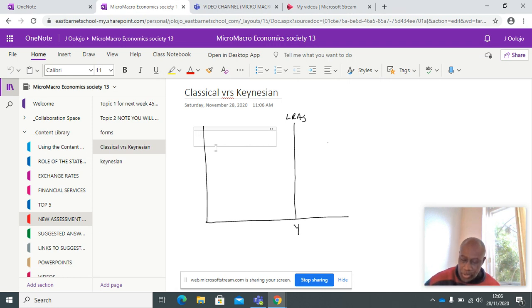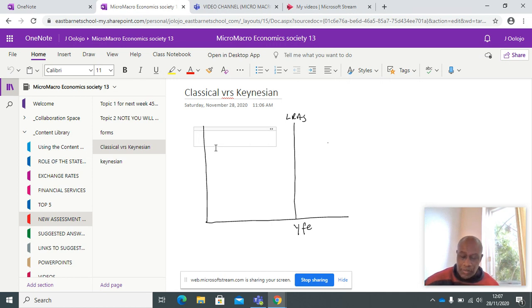At this point, you have YFE, and hopefully you remember what YFE is. That's full employment. Remember, full employment literally means everybody looking for work, or who wants work, is working. That's what it literally means.